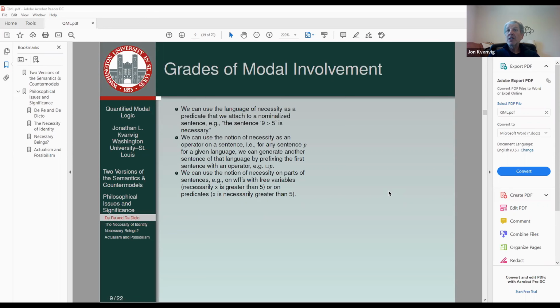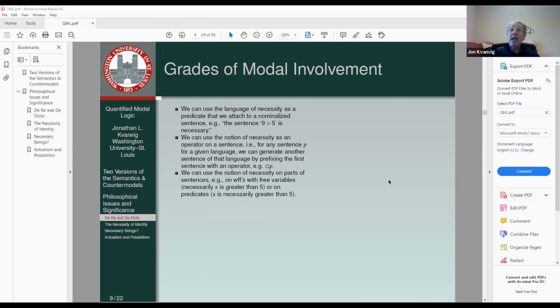So we get those if you have free variables in a formula, and we can also attach it to parts of well-formed formulas when you attach it to the predicate. Necessarily greater than, that's a predicate, so is greater than, but necessarily greater than is a predicate. And here we have the necessity operator attaching to the predicate, not governing an entire sentence.